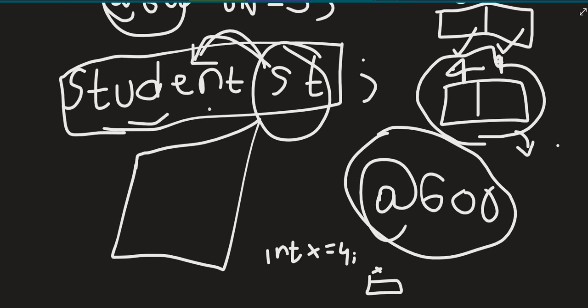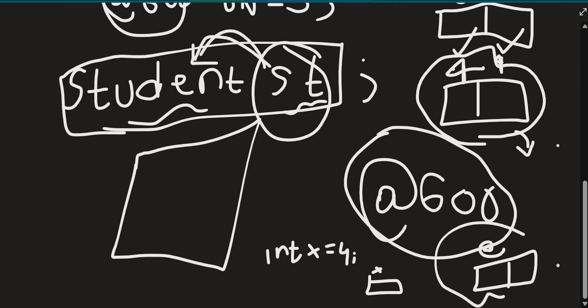Similarly it is student st. You have created this, it has some address, and the type is student type. Just remember, this indicates address, this indicates address, this indicates address.